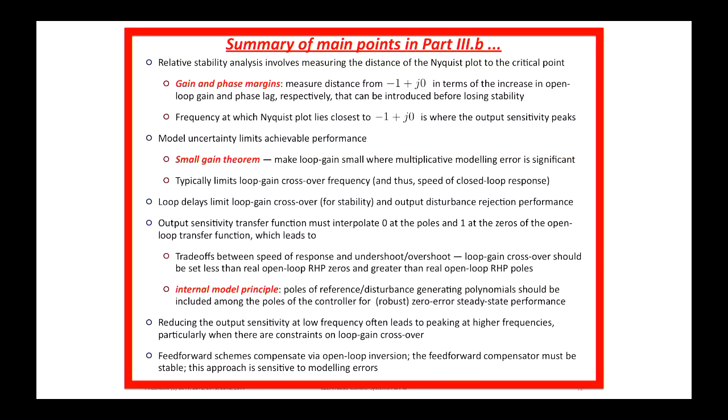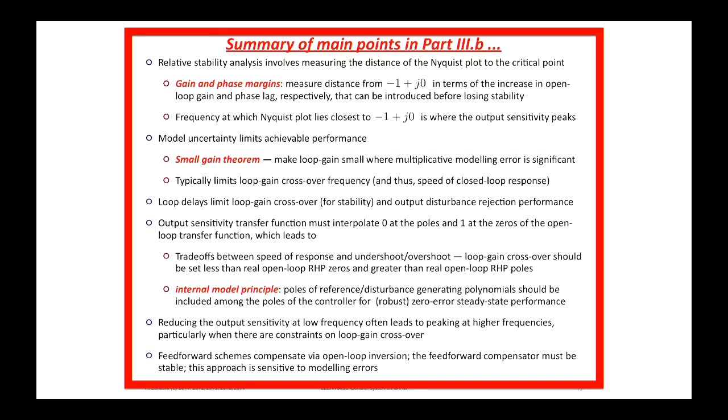And it's really about measuring how close the Nyquist plot gets to the point -1, right? If the Nyquist plot sits on -1, then you have closed loop poles on the imaginary axis. Okay, if you're close to -1, you're going to get closed loop poles that are close to the imaginary axis. You're going to get oscillations in the transient part of the response. You're probably going to have peaks in your sensitivity functions. Okay, so being far away from -1 is a good way of getting good transient performance.